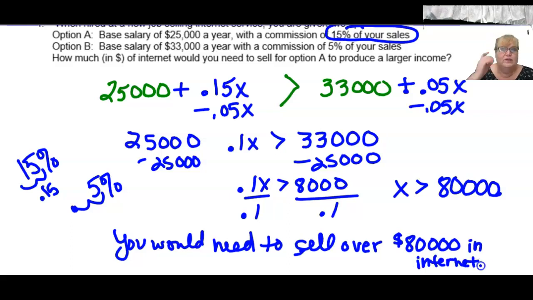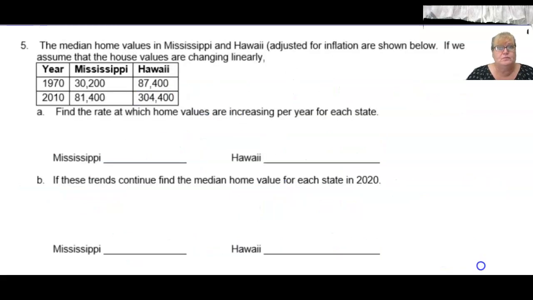Okay, in order to make it worthwhile to take that first one. If you knew you could sell $200,000 in internet service, then you'd be all over that first option. Otherwise, it'd be better to take the second option.